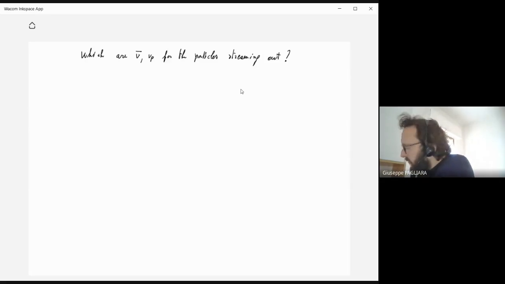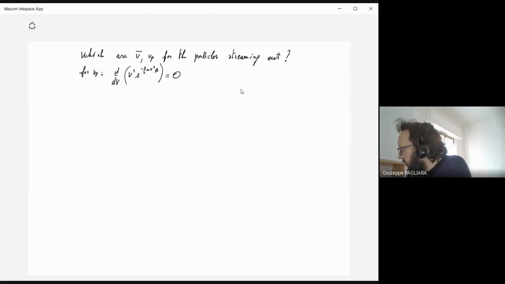Now for Vp, we follow the same procedure. It's just that now we have to derive, with respect to the velocity, the distribution of particles streaming out, which is not a power of v squared exponential, but v cubed times the exponential. And then you put this equal to 0. Now the calculation proceeds as before.